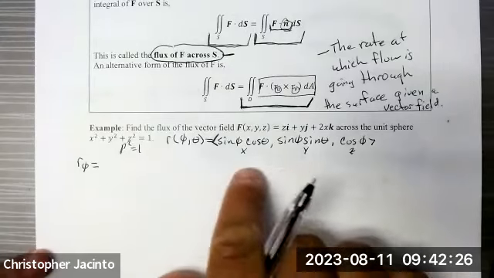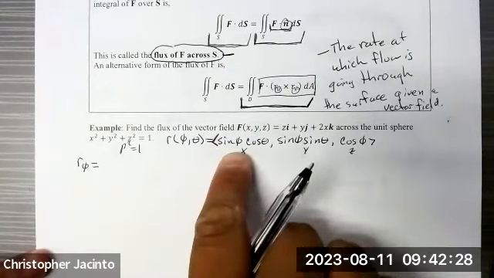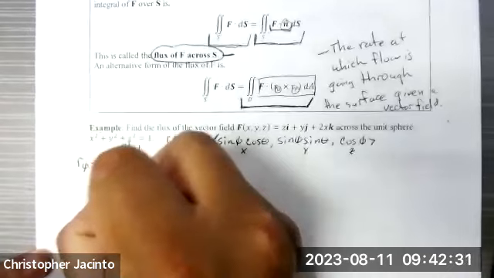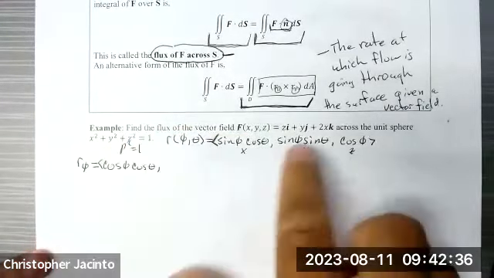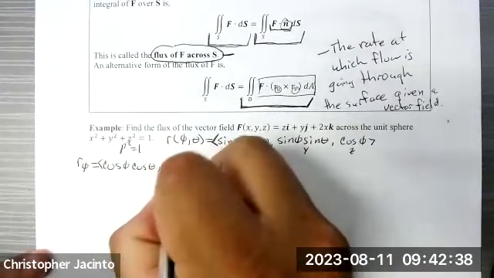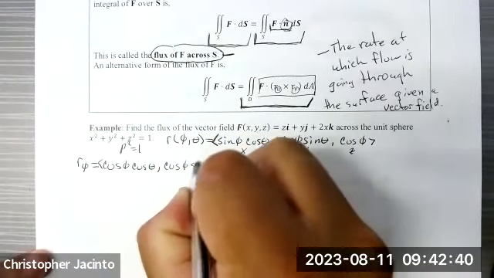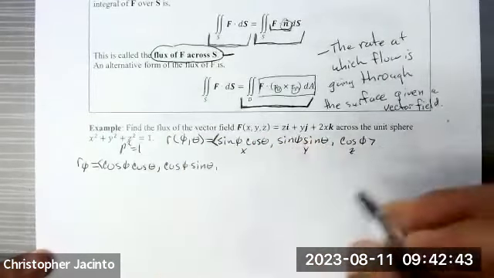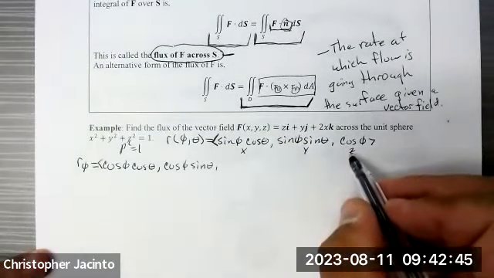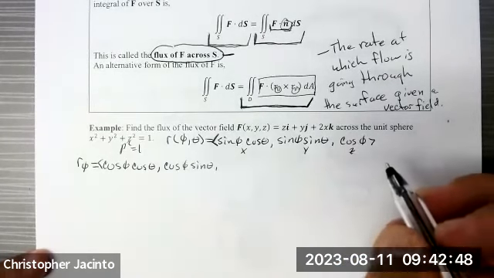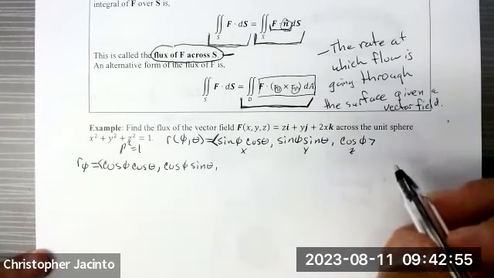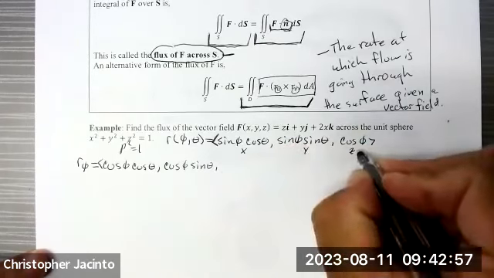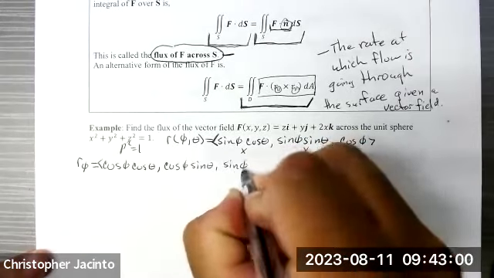Partial derivative with respect to phi: this is going to be cosine phi cosine theta, cosine phi sine theta, and then negative sine phi.